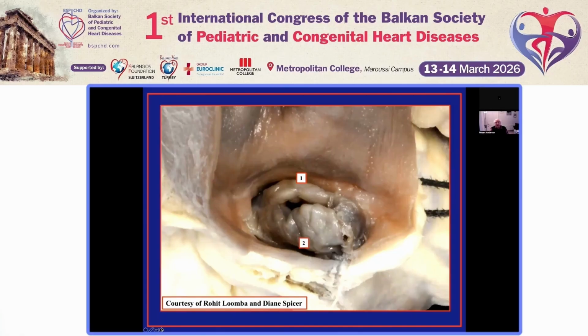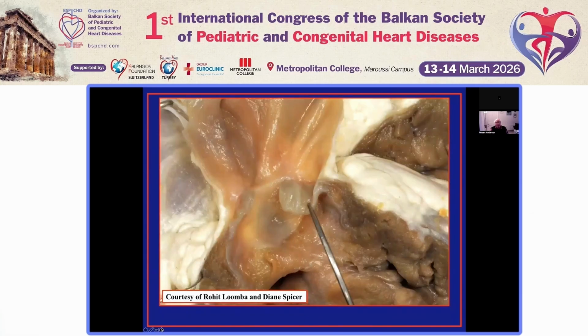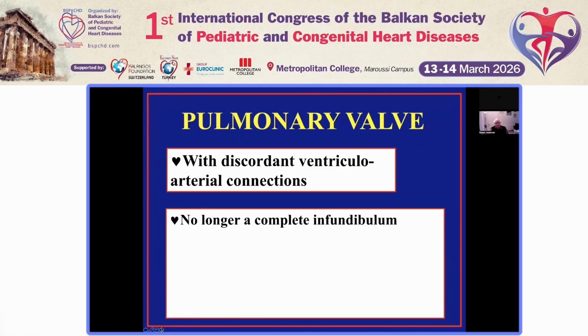Here you see the arrangement where the leaflets are dysplastic, but in a bisinuate and bifoliate valve. And don't forget that in tetralogy of Fallot, as we see here, we can also have rudimentary formation of the leaflets, the so-called absent pulmonary valve syndrome, now with dilation of the pulmonary trunk.